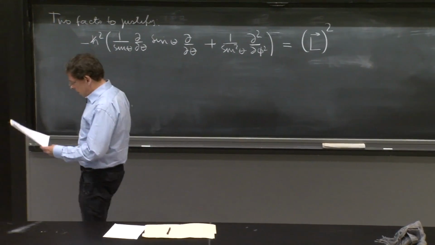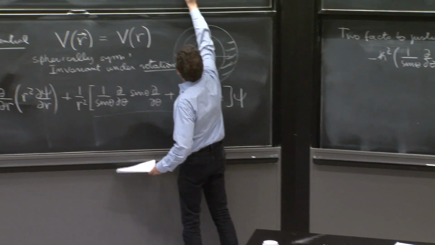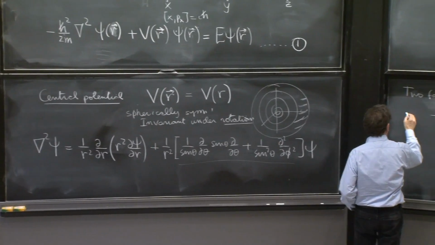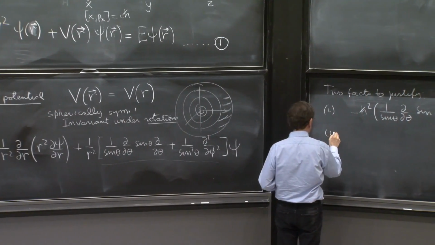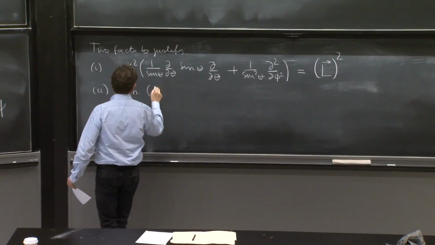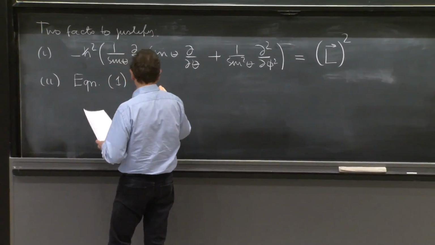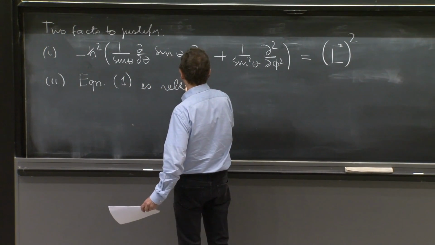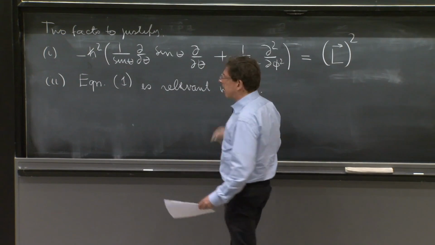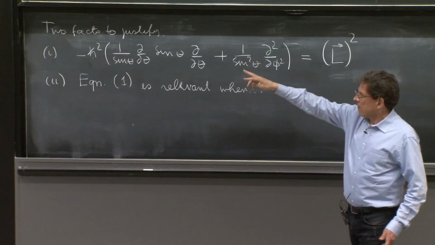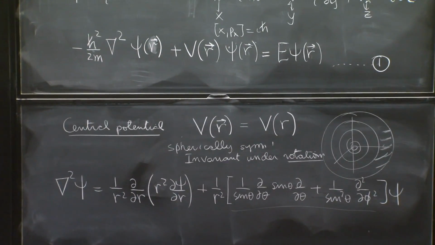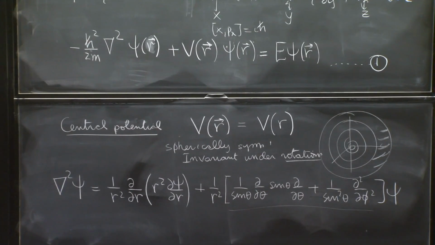And the other thing I want to justify, if I call this equation 1, so this is fact 1, and fact 2 is that equation 1 is relevant when, let me wait a second to complete this. This equation is an equation for a particle moving in a spherically symmetric potential.